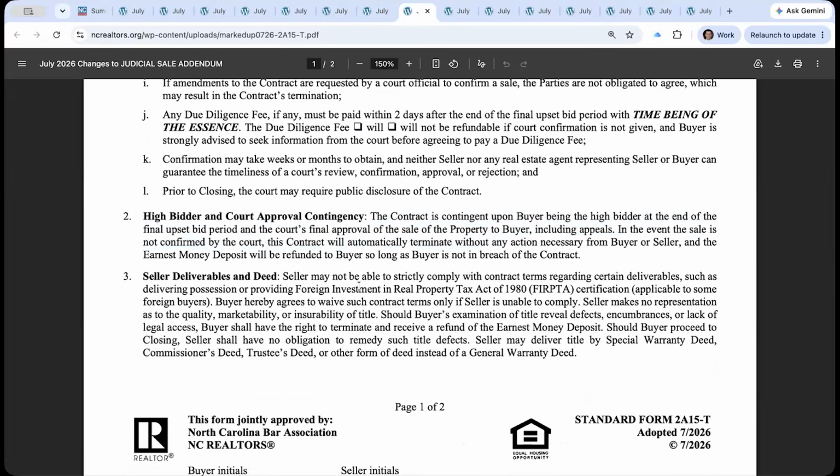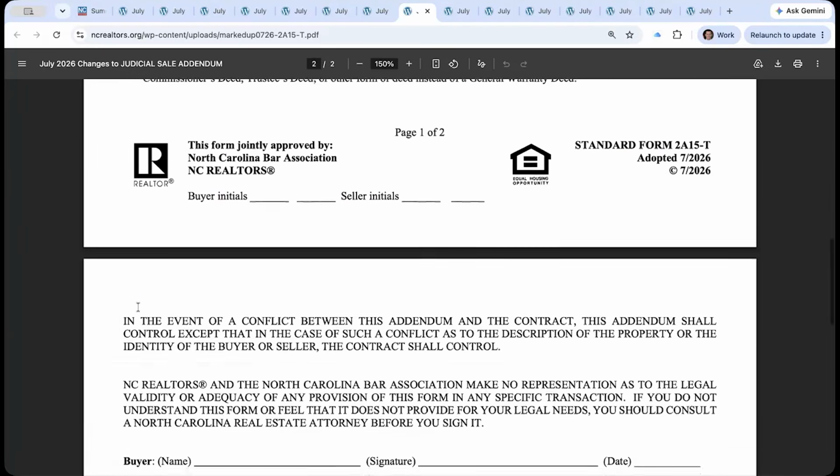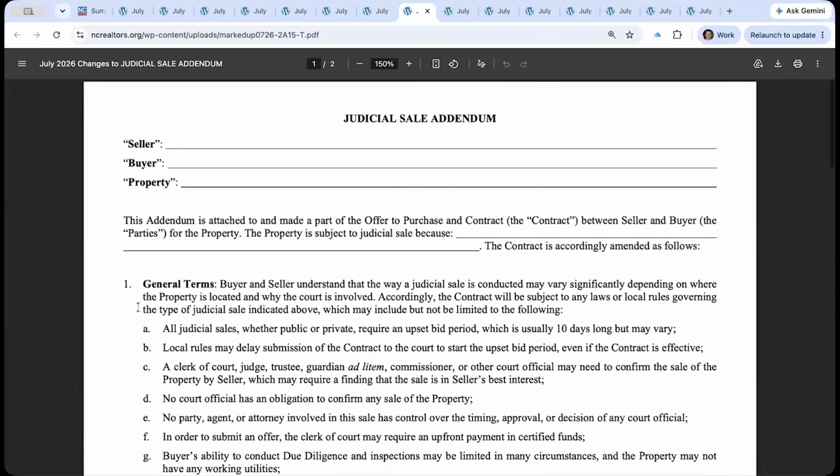And then finally, Form 2T expects that there's going to be a general warranty deed, but in many, many, many judicial sales, you're going to get, like I said, a commissioner's deed, a special warranty deed, who knows, a trustee's deed. It could be any number of things. So this here really modifies what the seller is delivering in the transaction and makes the contract accommodate that.